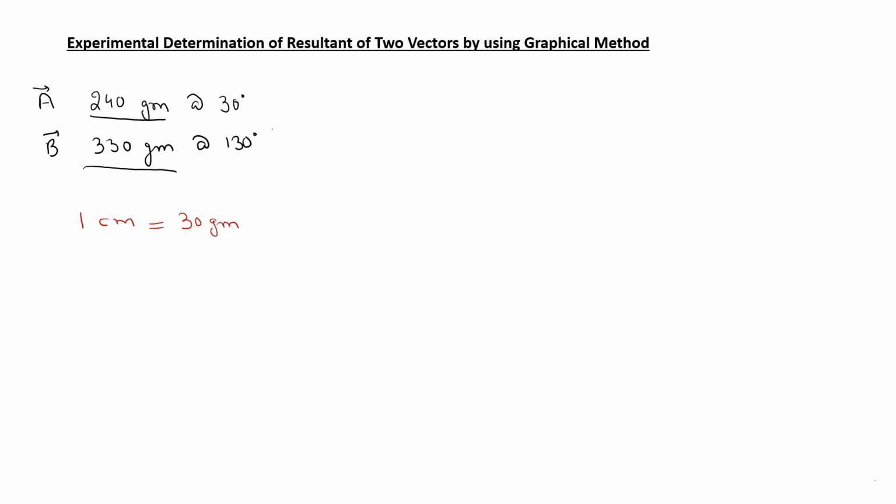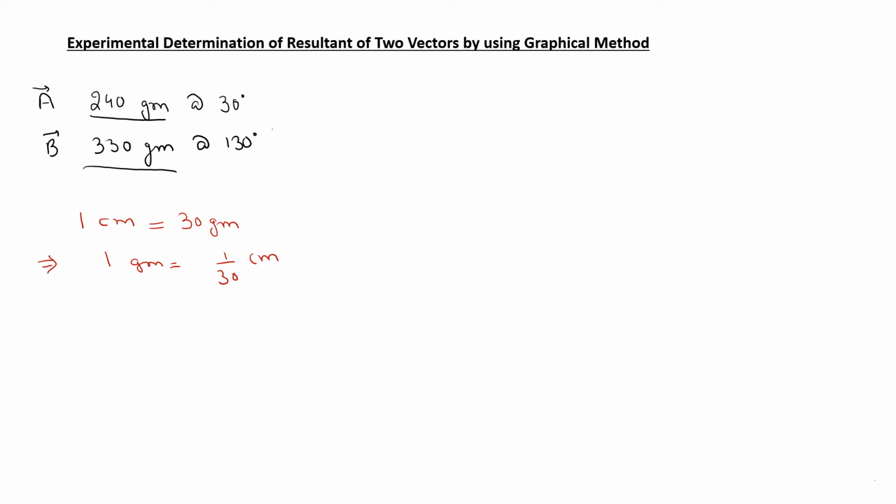That's going to make it easy to put the vectors on the graph paper, because we cannot take a number like 240 or 330 on the graph. So if I take 1 centimeter equal to 30 grams, then 1 gram is equal to 1 by 30 centimeter.